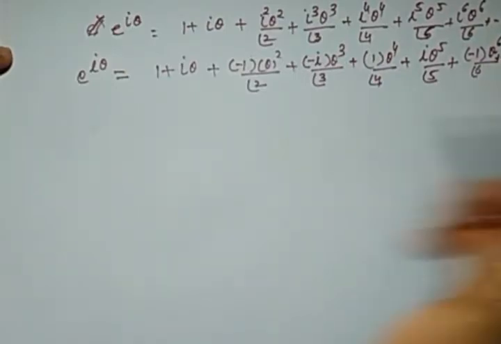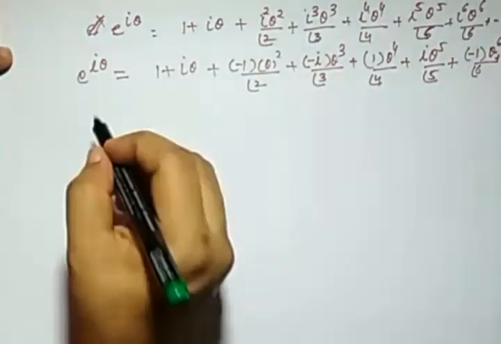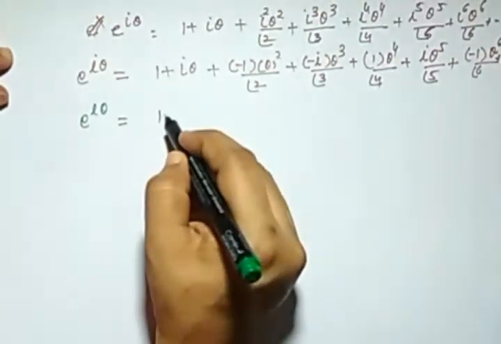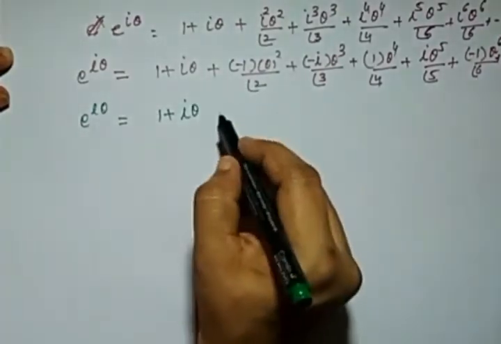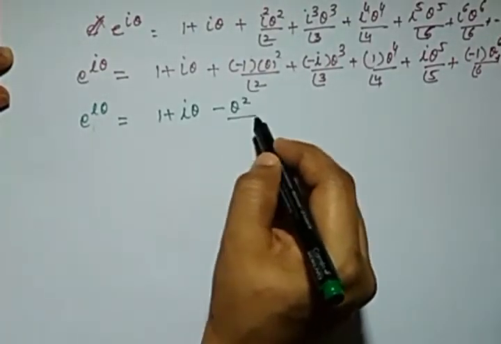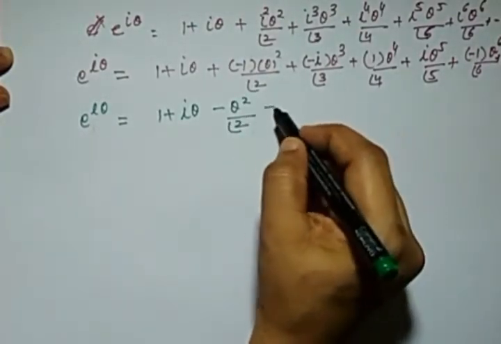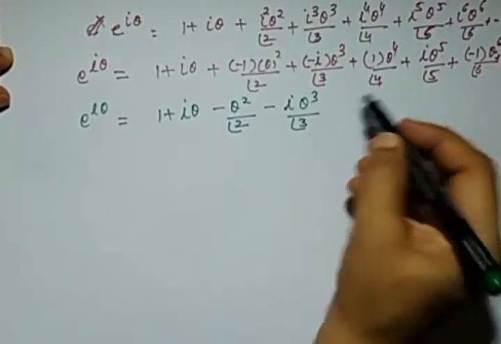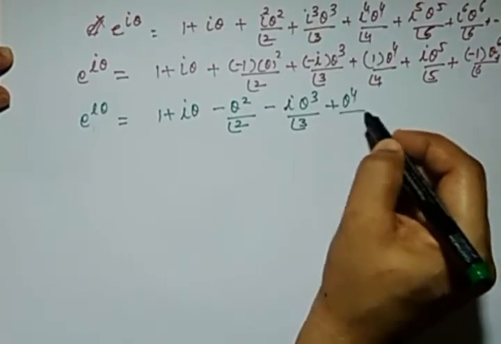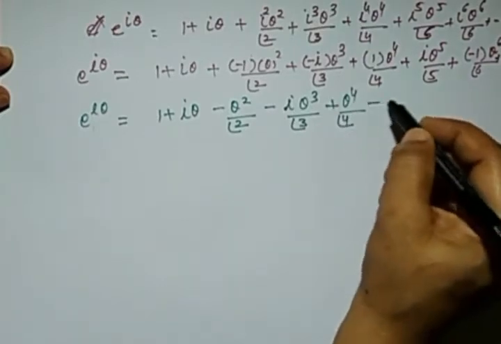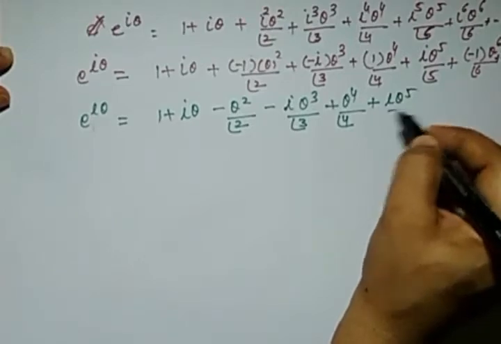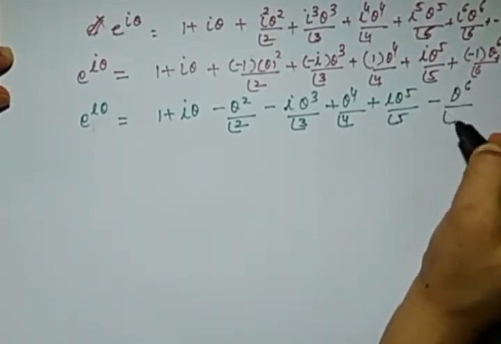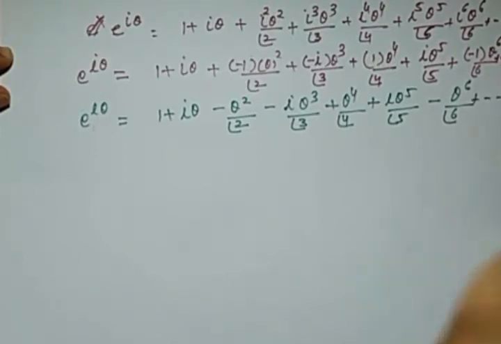So e raised to power i theta is equal to 1 plus i theta minus theta square upon factorial 2 minus i theta cube upon factorial 3 plus theta 4 upon factorial 4 plus i theta 5 upon factorial 5 minus theta 6 upon factorial 6 and so on.